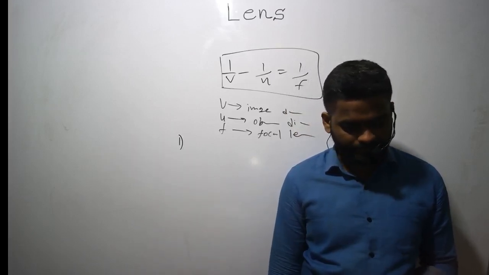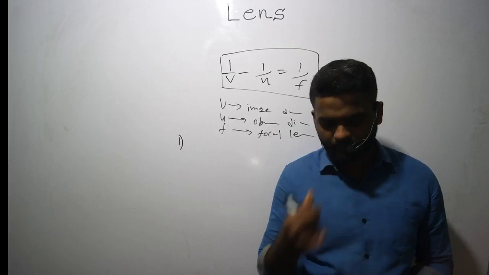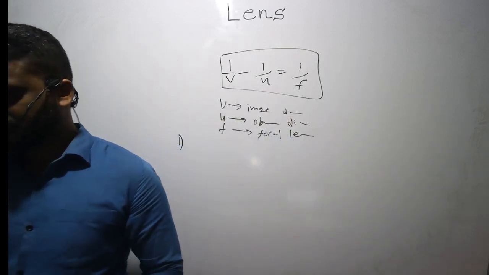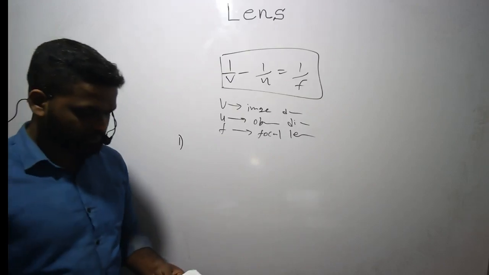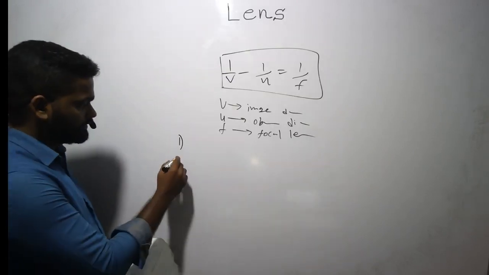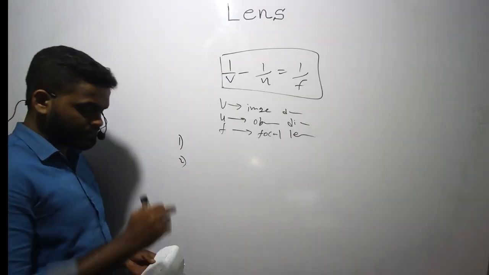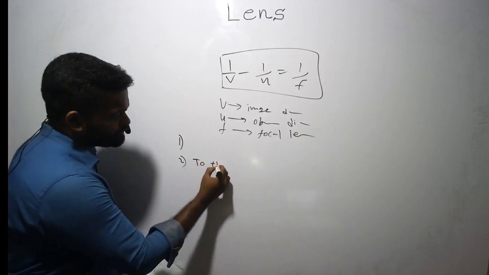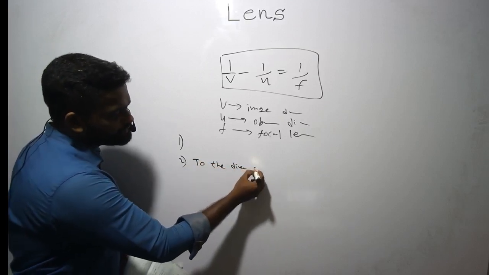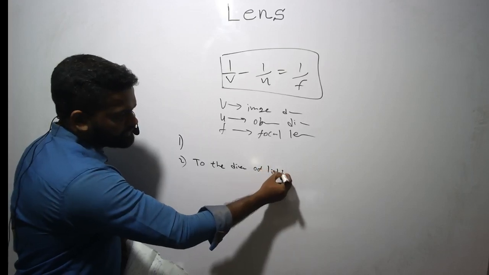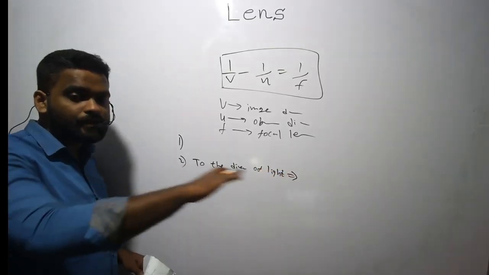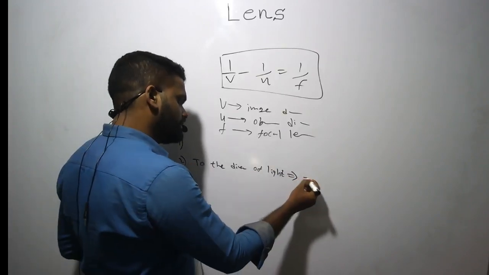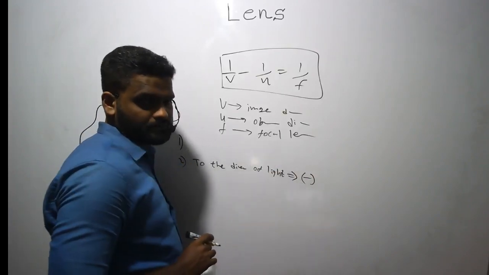From C. Second rule: distances in the direction of light, write minus.